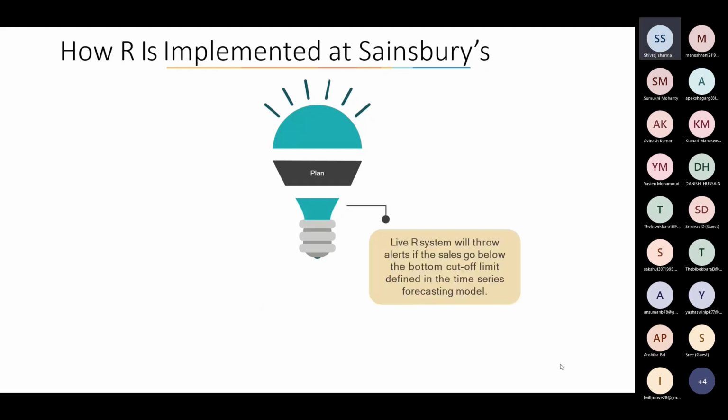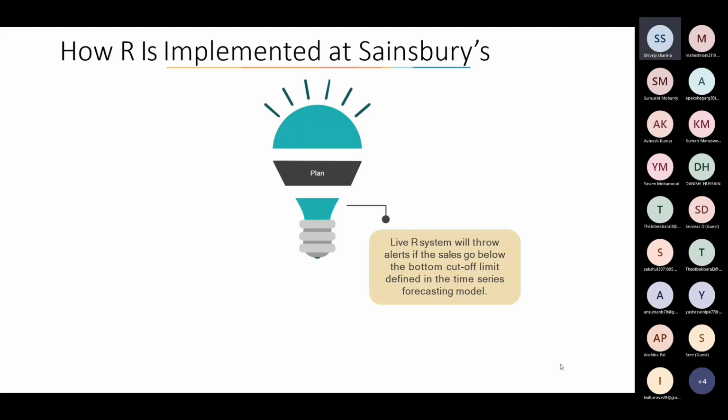The live R system gives an alert whenever sales go below the cutoff limit. It's a time series forecasting model. In today's session, there will be a minor touch of data science also, so it will be more interesting for you to understand the live examples.